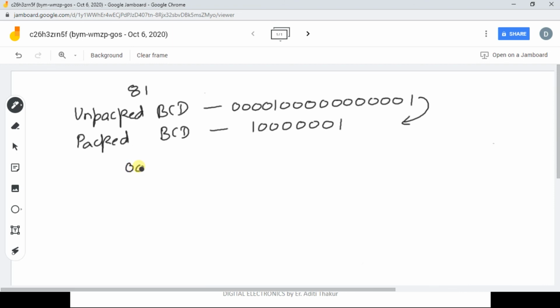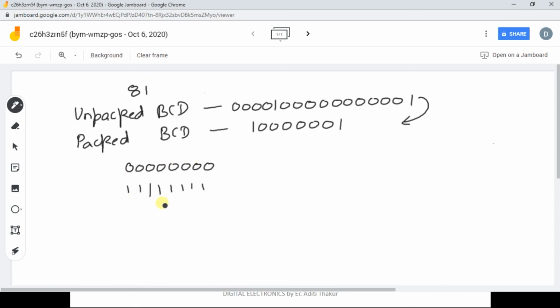The lowest 8-bit number is this one, all zeros, and the largest 8-bit number is this one. In packed BCD, we can represent 2 decimal digits with a single byte.